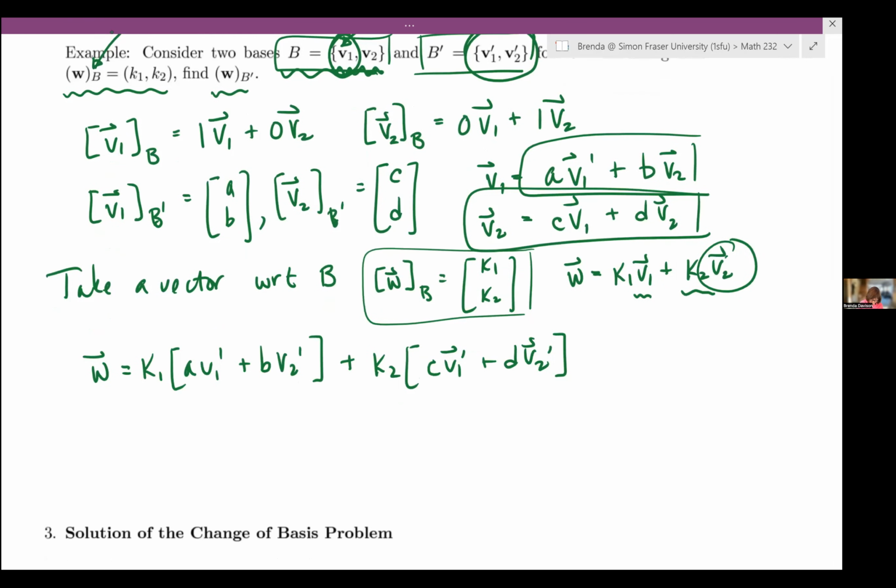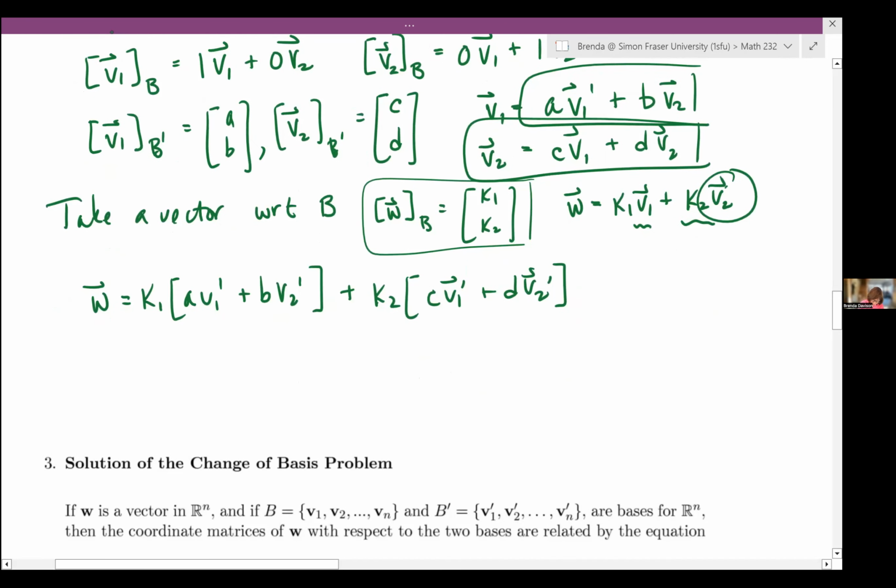Now I'm going to combine the coefficients on V1 prime together. This is an algebra step. We end up with K1A from here plus K2C from here, multiplied by V1 prime.